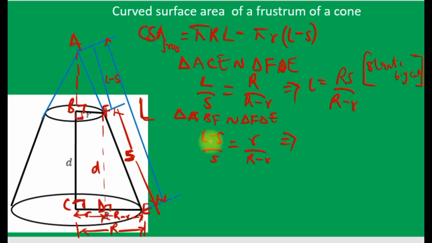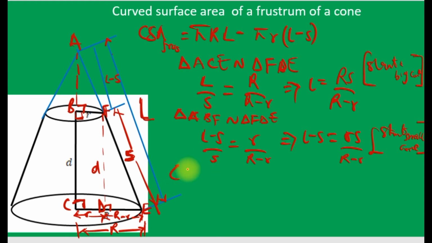Making L minus X the subject of the formula, it is now r X over R minus r. So this is now the slant height of the small cone, in case you're asked to find it. So we now substitute the values here.